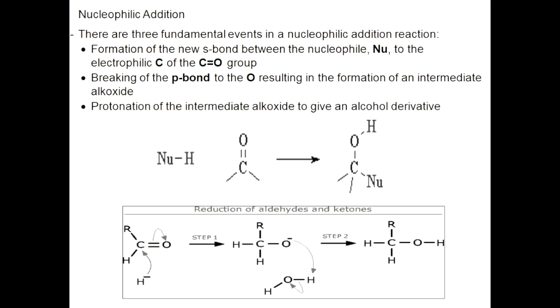This alkoxide ion will undergo protonation from the water, and then in the second step we get alcohol formation. So, the reduction of aldehyde and ketones is a nucleophilic addition reaction where hydrogen H2 is added. That's why it is a reduction.